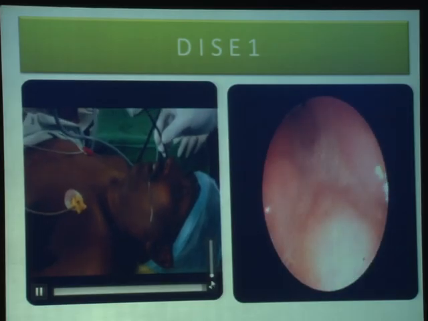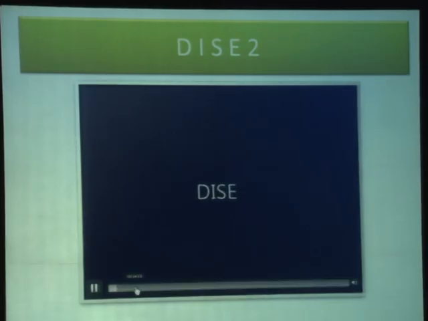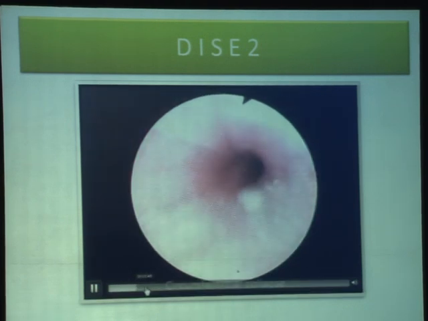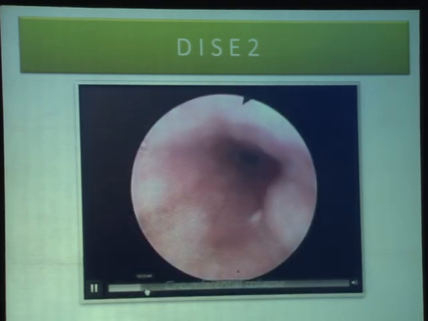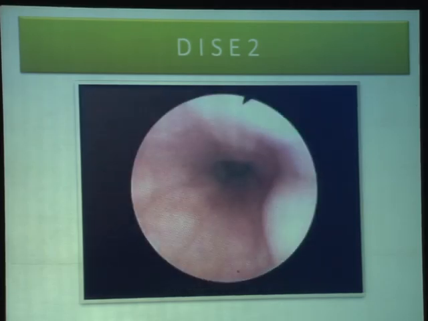So look at the kind of collapse that's happening here. What is more interesting than this is the next site. Okay, you see a circumferential kind of collapse that is happening here.